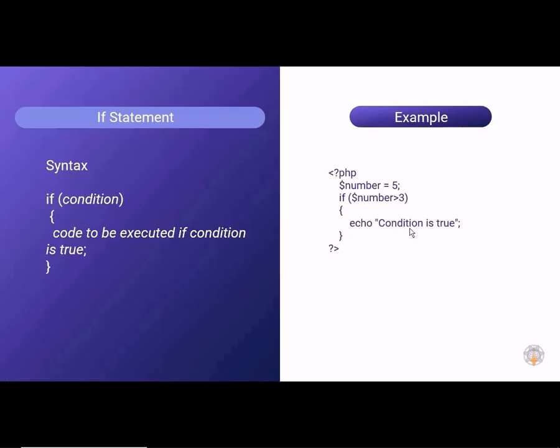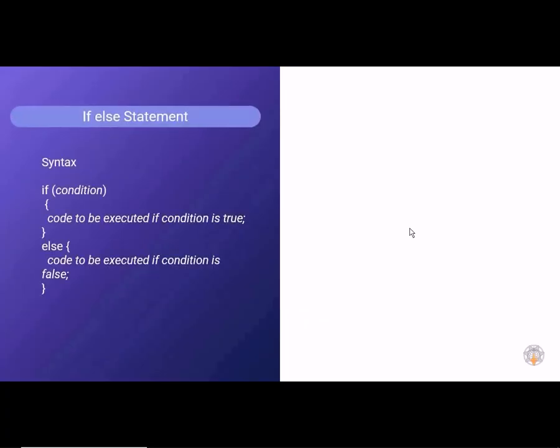Let's move to the next part, the if else statement. This is the syntax for the if else statement. Here we first check with the if condition. If this condition is true, then the if block will be executed. Else, if the condition is false, then the else block will be executed.